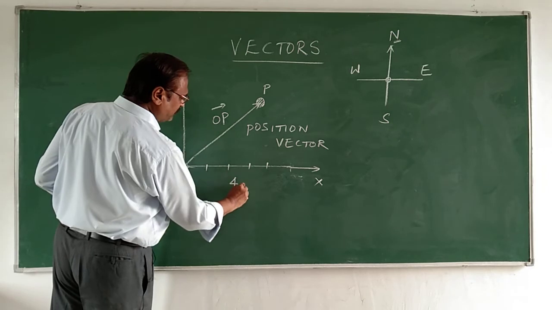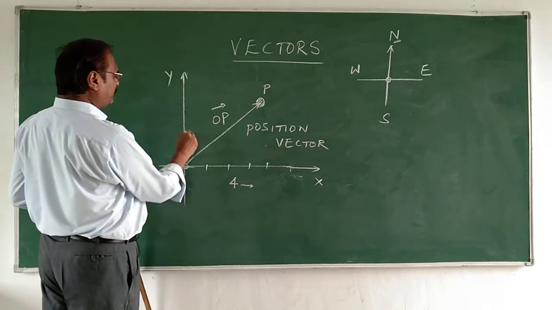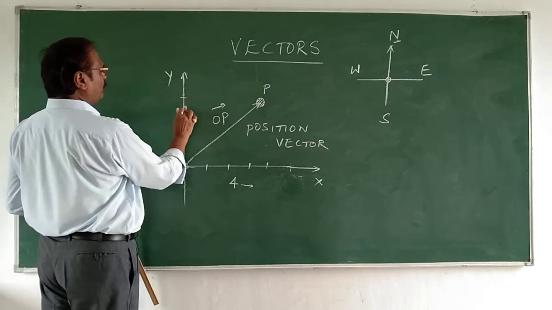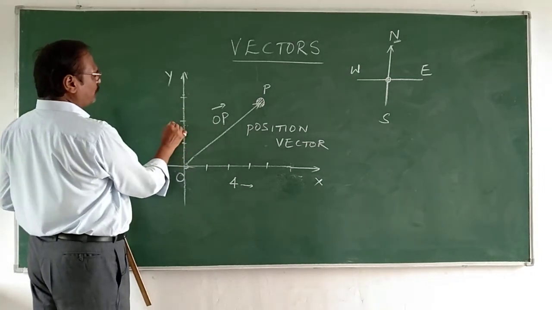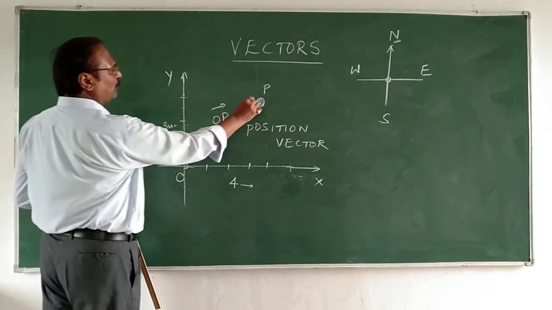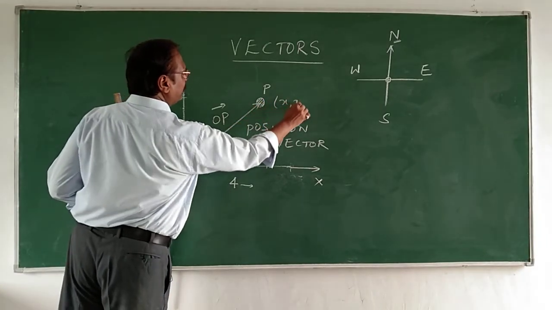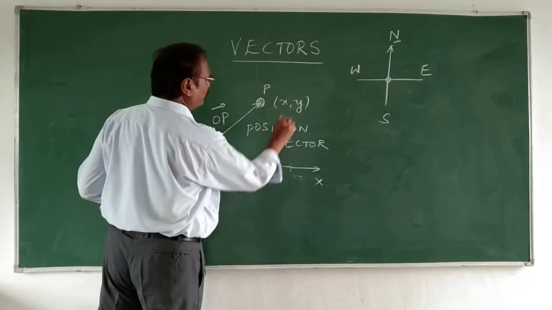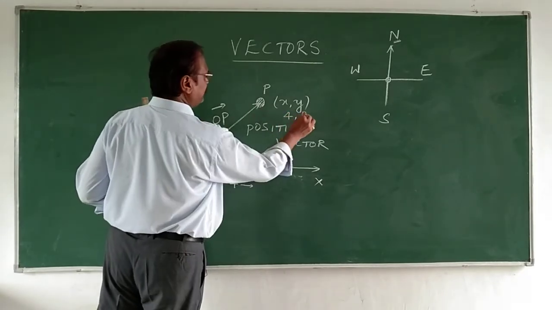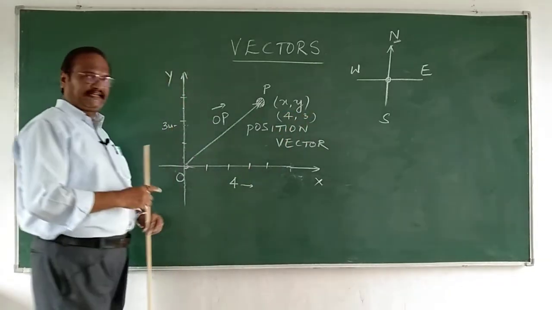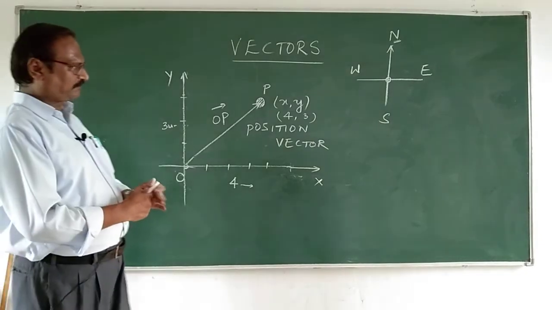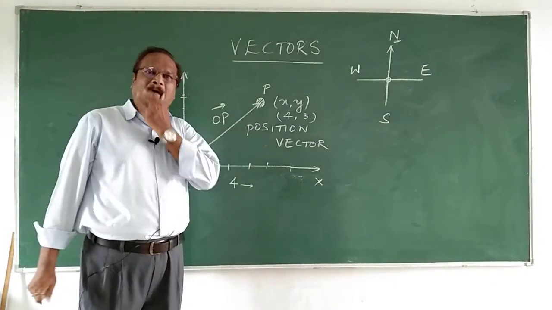It is 4 units in this direction and, let us say, 3 units from here. I can locate this body with an x value and a y value, that is 4 units in the x value and 3 units in the y value. So this gives you the position vector of an object.